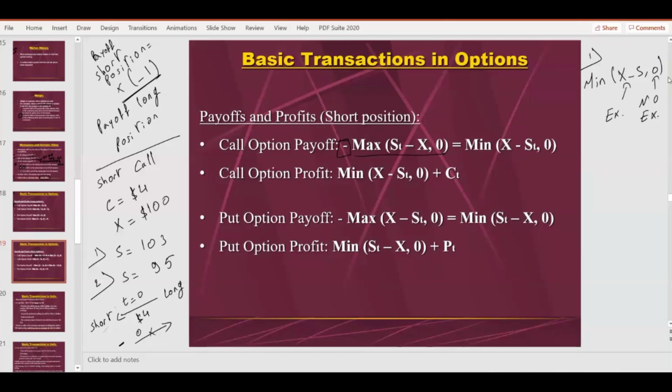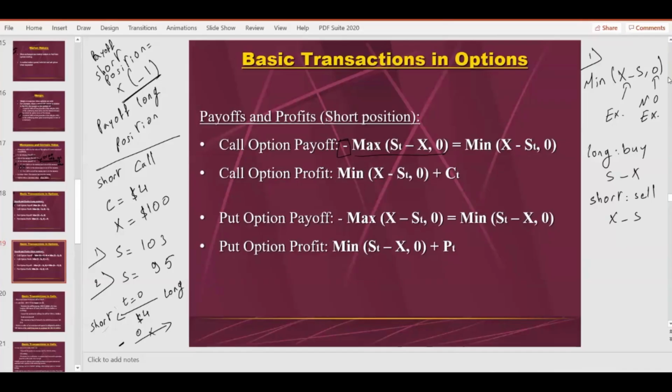Because the party with the long position will buy. So for the party with the long position, it's gonna be S minus X. For the party with the short position, will sell at X. So it's gonna be X minus S.